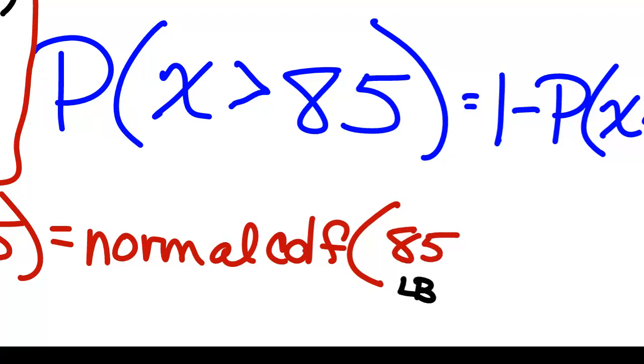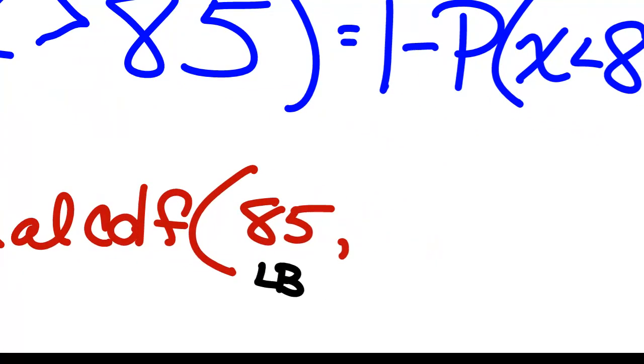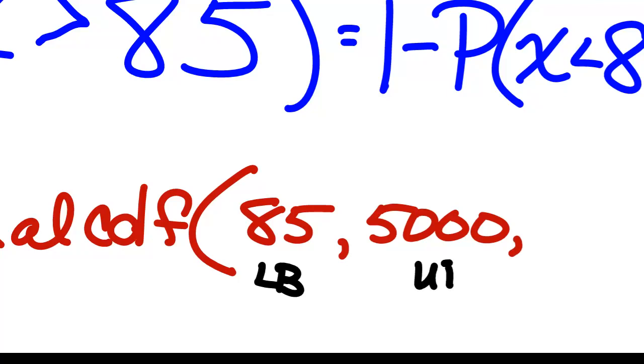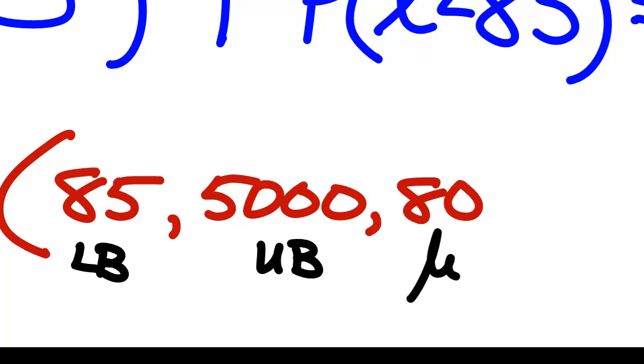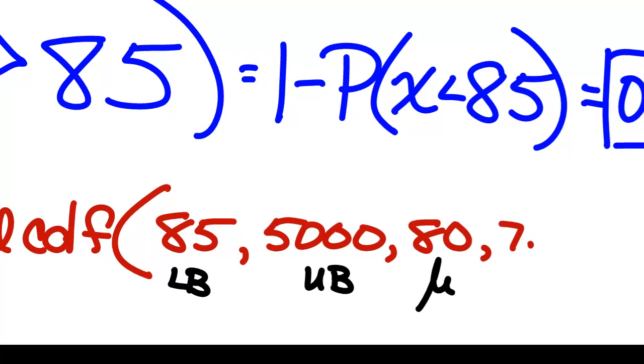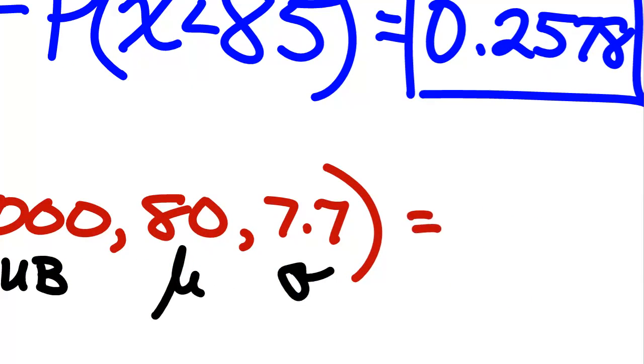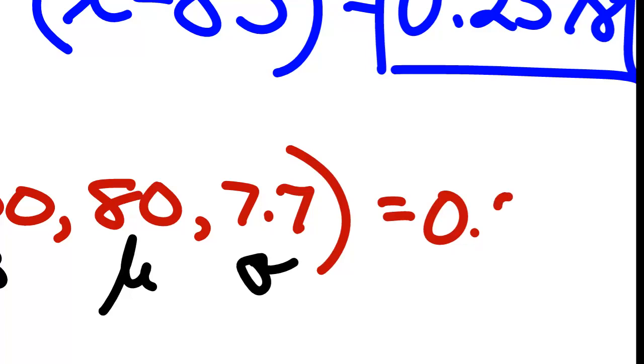That's my lower bound, and I would label it. Upper bound. We picked an astronomically large number. You have to show what number you're using as your upper bound. Then we had our mean of 80, so I'm going to label that as mu. Then the standard deviation of 7.7. And we got 0.2580, right?